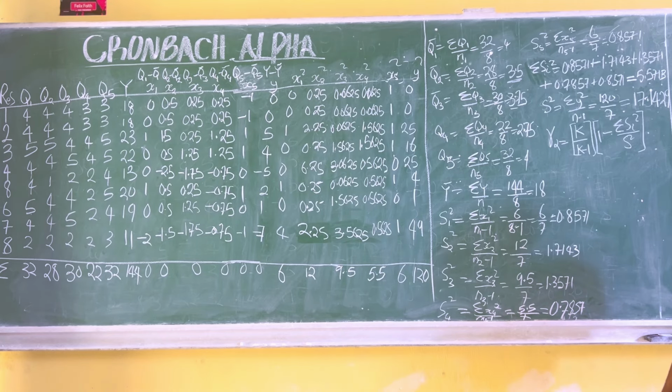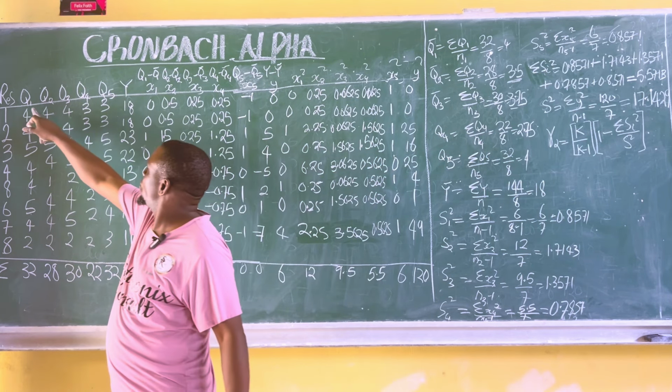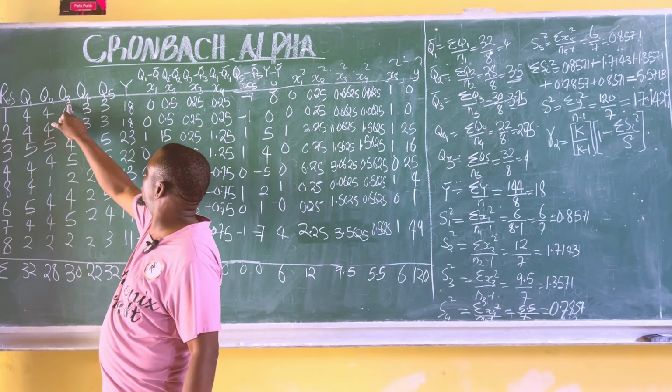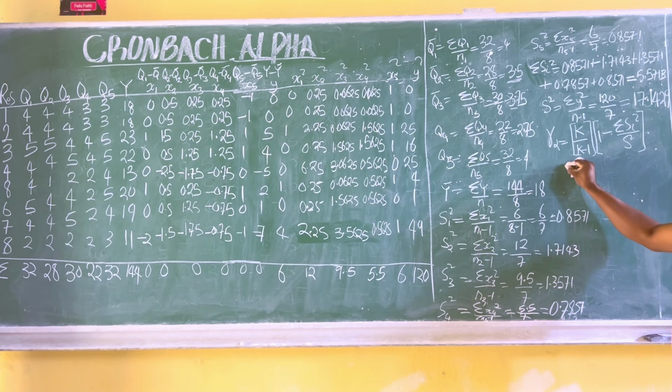I already explained to you that your k is number of items. In this case, we have 5 items. Question 1, question 2, question 3, question 4, and question 5.